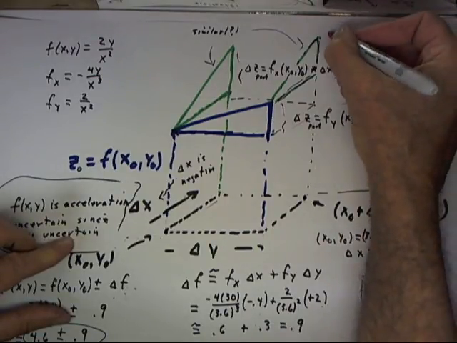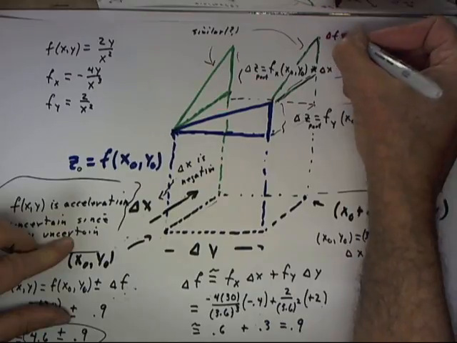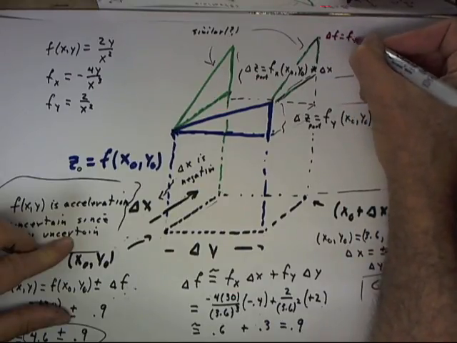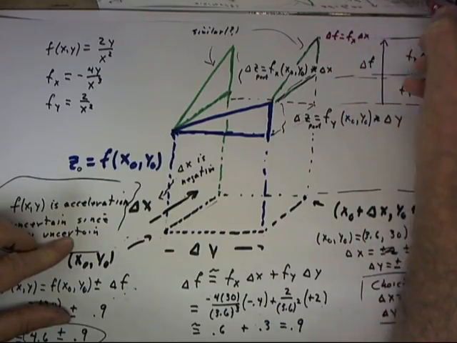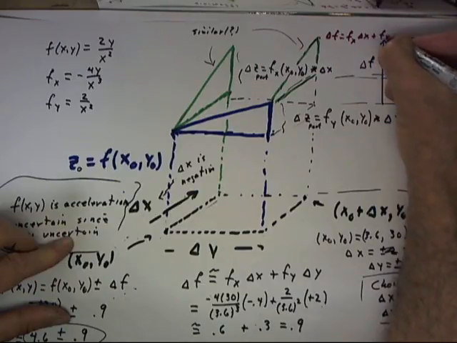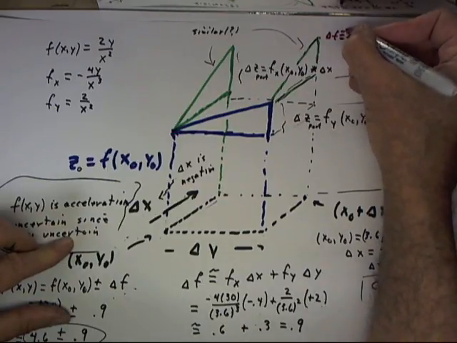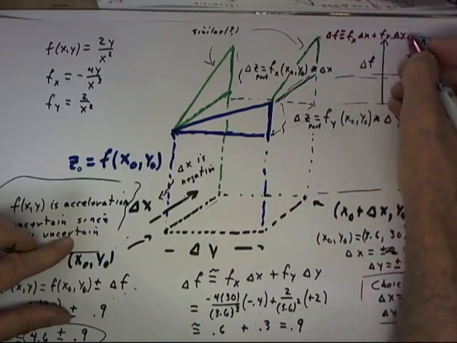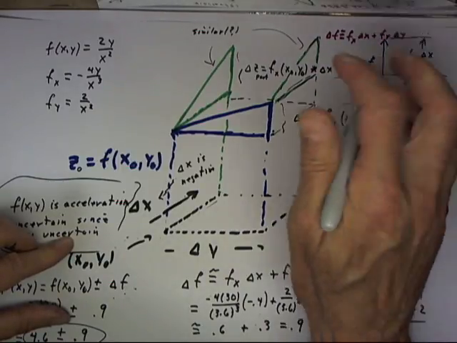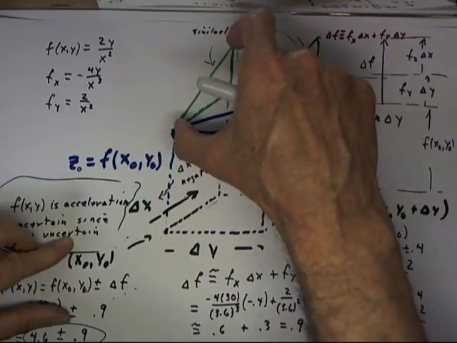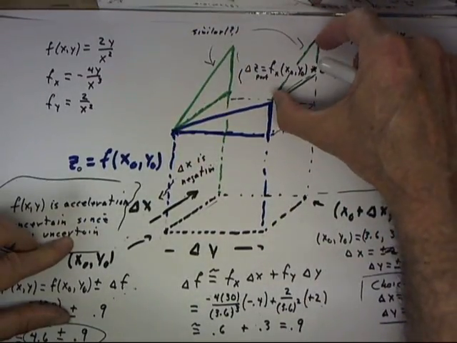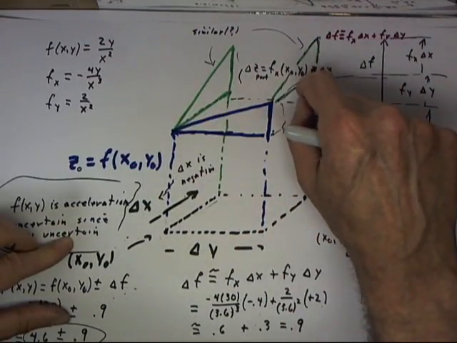What we see here is that delta f equals fx delta x plus fy delta y, and this is not a strict equality. We'll call it an approximation because, of course, this triangle is not necessarily similar to this green triangle.